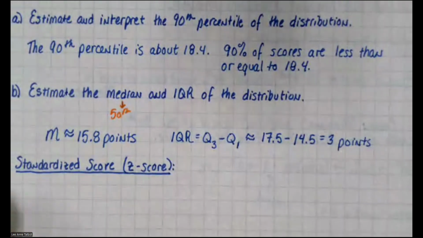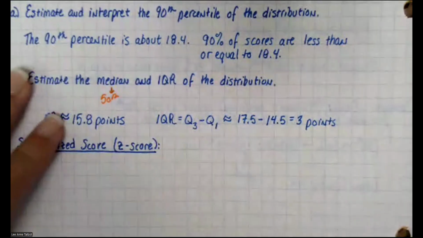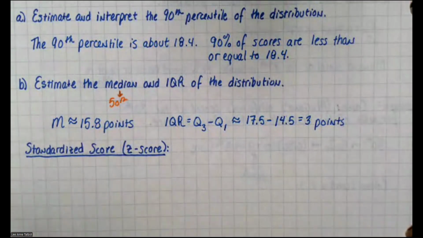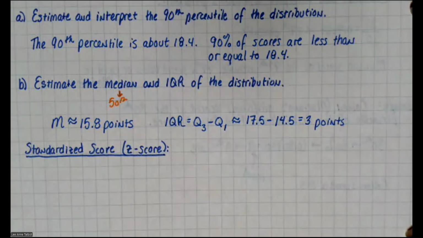Hey guys, we have one more thing to learn today, and that is Z-score, which is what was on those two weird problems that I accidentally had in the MCQs, if you remember.